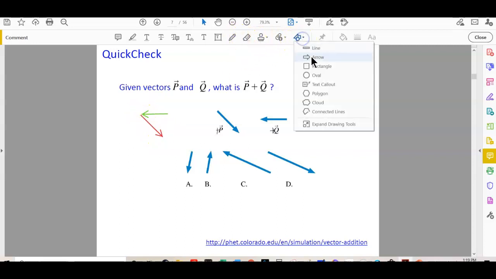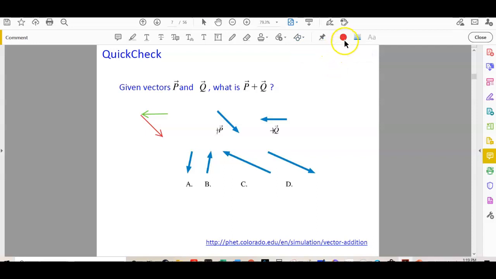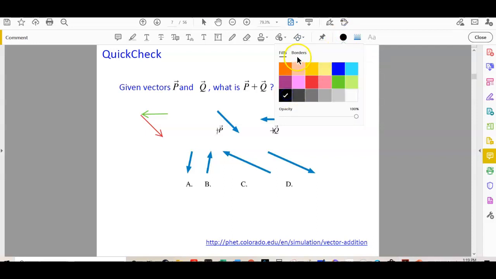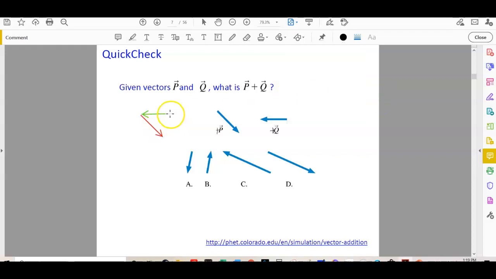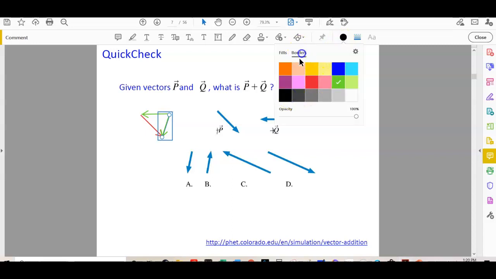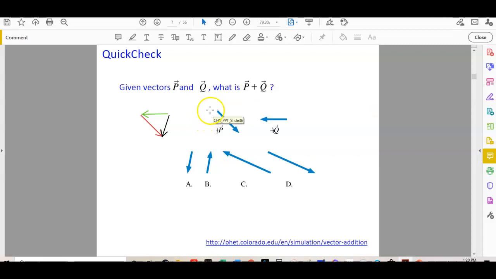Well, that resultant vector, again, which I'm going to use as black, is going to go from start to finish, and this will be the resultant vector. And again, it doesn't matter the order in which you do it, because it ends up being the same whether you do P plus Q or Q plus P.